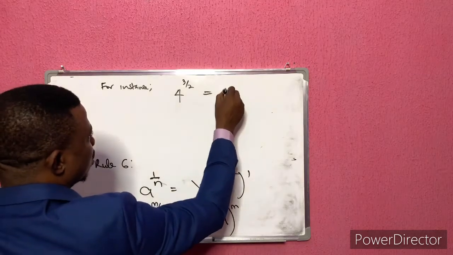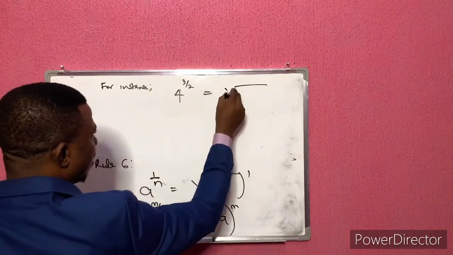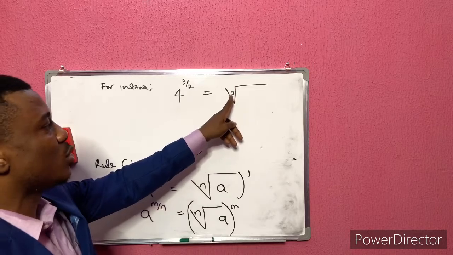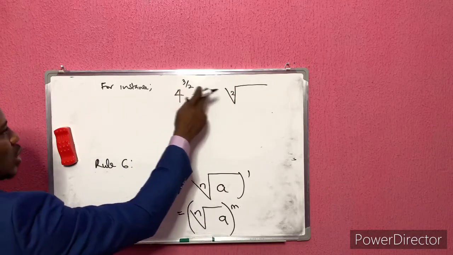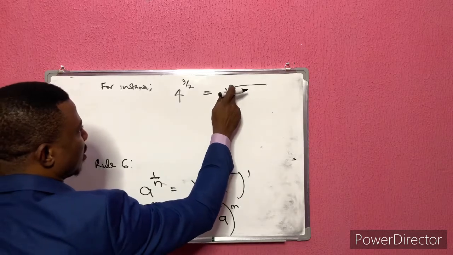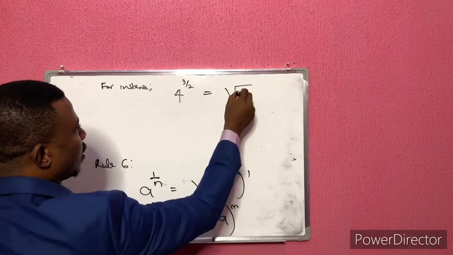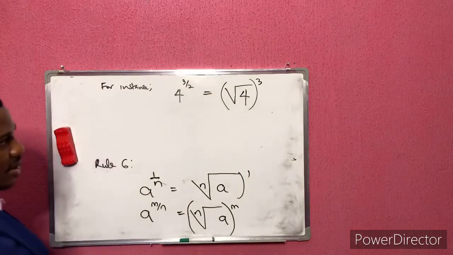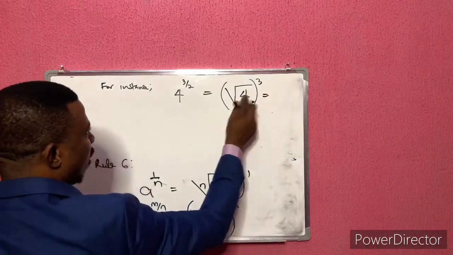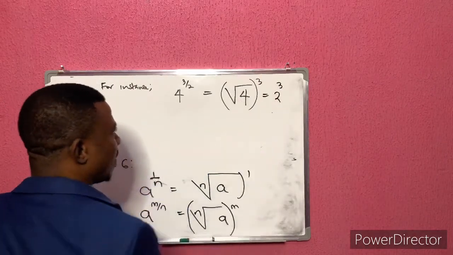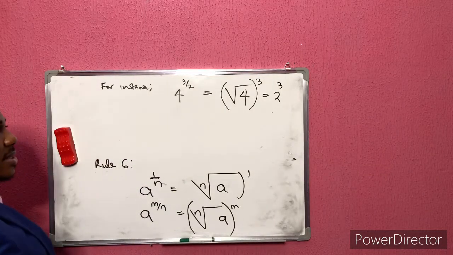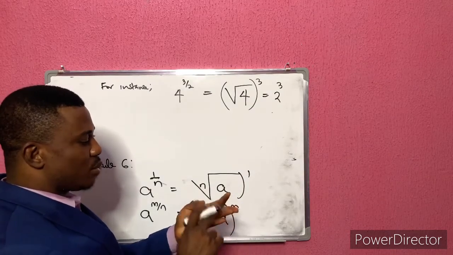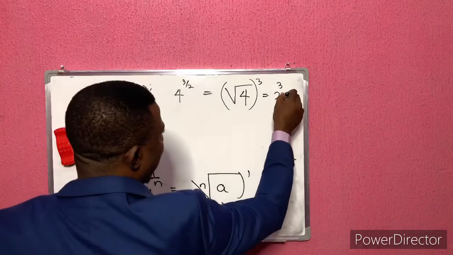You take the square root, this 2, but remember, if I put square root and put 2, it's a tautology, so the square root has replaced the 2. The numerator is 3, so I'm going to put the 3 there. I'll put the square root of the base, all raised to the power of 3. This will give us the square root of 4, which is 2, all power 3. What is 2 power 3? It is 2 times 2 times 2. 2 times 2, 4. 4 times 2, 8. I will have 8.